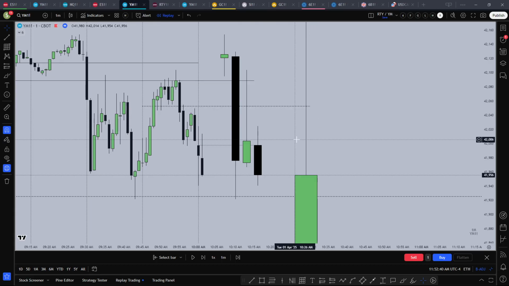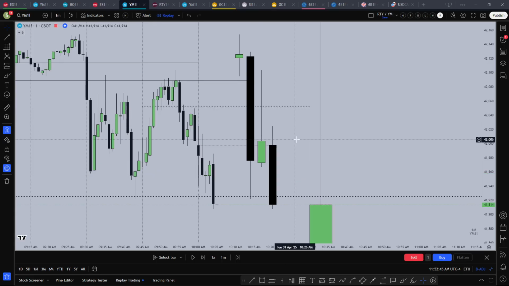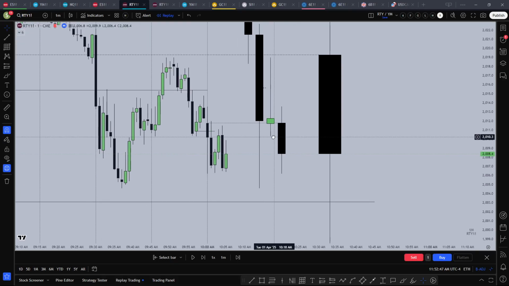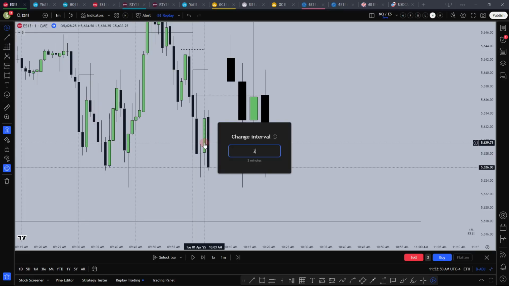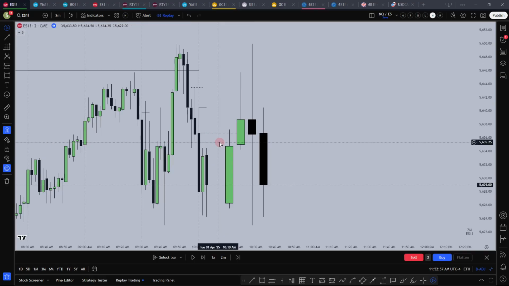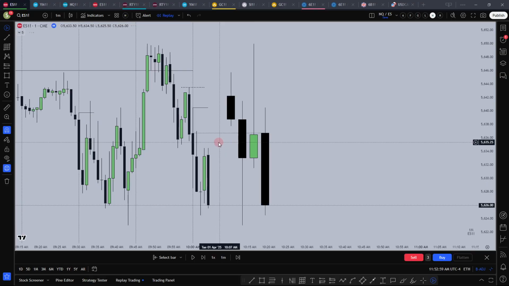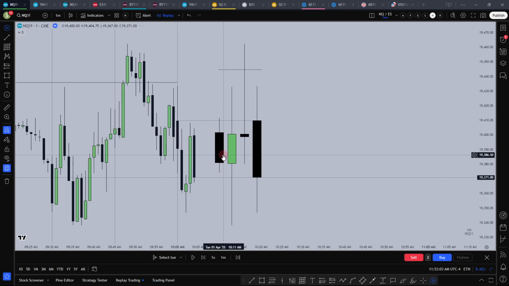I don't remember which asset. This was a 2 minute fair value gap on any asset, I guess. I don't exactly remember. It was something in any of the assets at least.